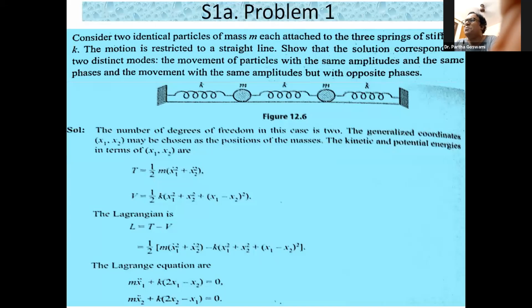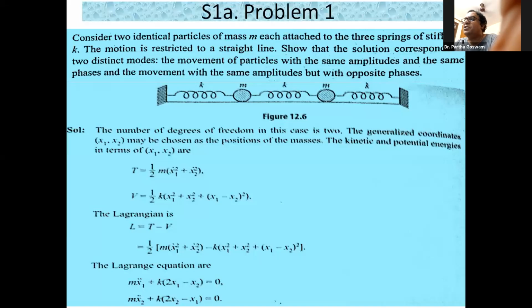This is very easy to see. The students are familiar with equations of motion of a harmonic oscillator. So we have solutions for x1 plus x2 and x1 minus x2, and the displacements x1 and x2 would then be as I have written down, with a1 cos and a2 cos of omega t plus theta and so on.